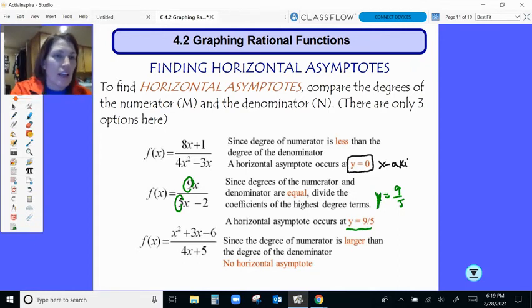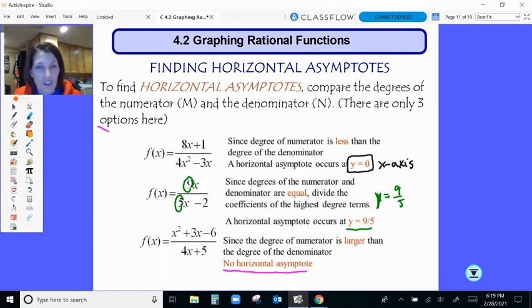Then we take a look at what if my degree of the numerator is larger than the degree of the denominator. So it's bigger on top than on bottom. There's not going to be any horizontal asymptote. So we only have 3 conditions. It's either going to be the x-axis, no horizontal asymptote, or we're going to divide. It's one of those 3 things. That's it. You just have to remember which one.